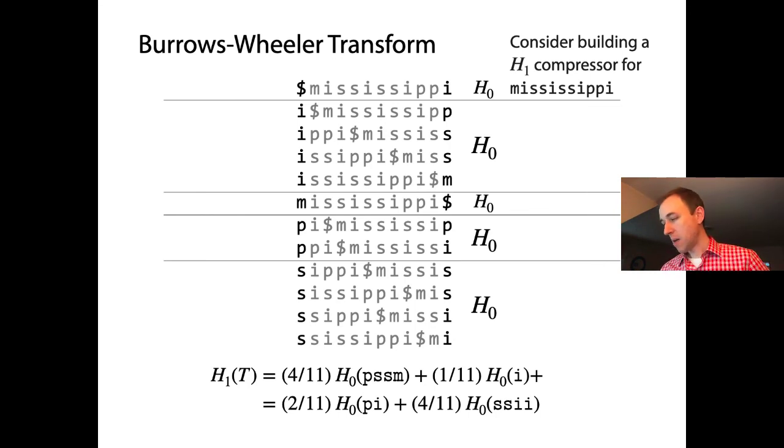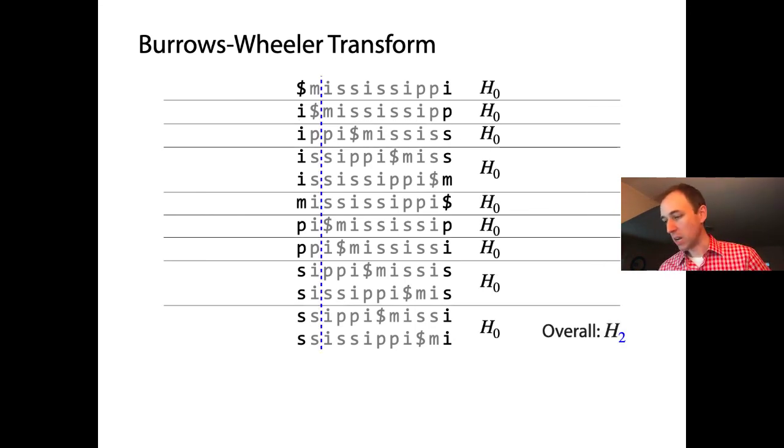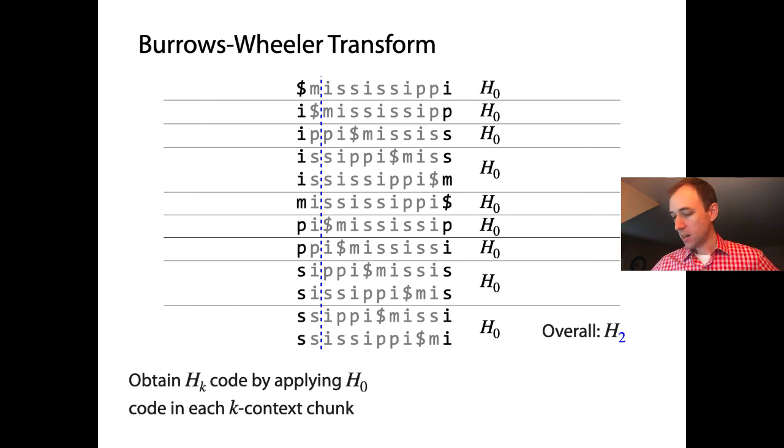And we don't have to stop at H sub 1, we could do a similar thing for H sub 2, where now we're taking 2 characters worth of context. It's not a wonderful example when my string is so small, right? These partitions have become very small, almost trivial, but you can do it up to any order. So we can obtain a high order code, an H sub k code, by applying a zero order encoder like Huffman in each k context chunk.